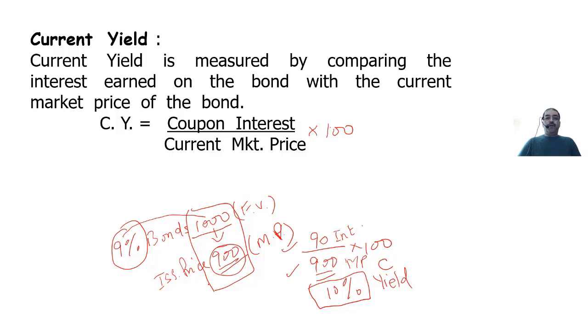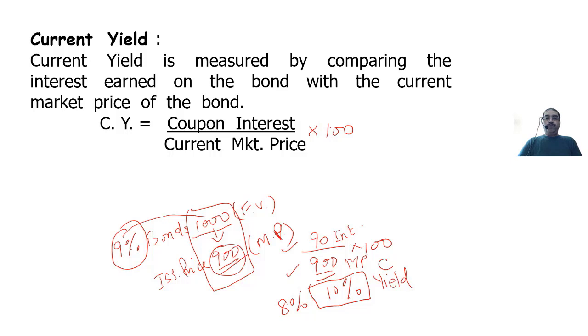Similarly, if the current yield is less than the rate of interest, suppose this was 8%, expected rate of return 8%, less than the coupon rate, then you can afford to sell the bonds at a premium.